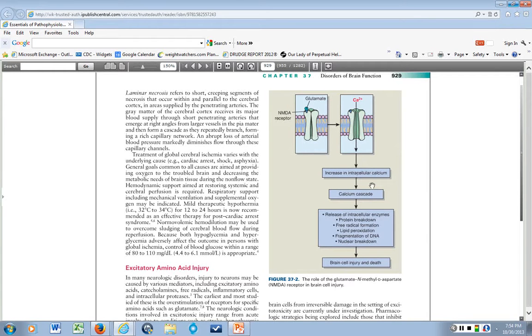The book refers to it as a calcium cascade, but here's all the things that happen if you have an influx of calcium into the brain cells. Release of intracellular enzymes. Again, calcium triggers those enzymes. You're going to use up ATP because you're going to use up the ATPase. They'll cause protein breakdown, free radical formation.